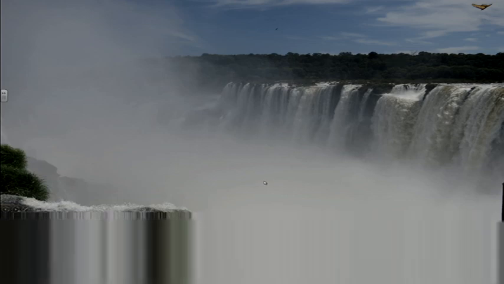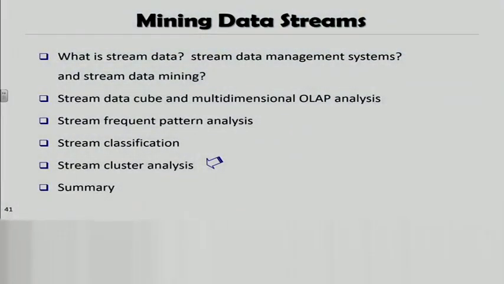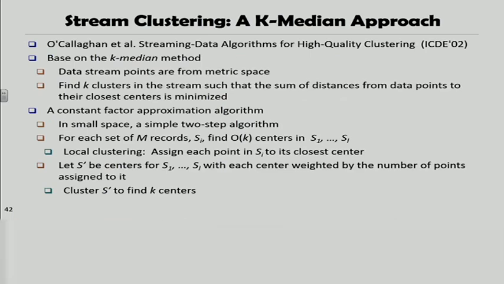Okay, so now I come down to the very last one for stream data, which is clustering. Stream cluster analysis. I will mainly introduce our algorithm, which was done with IBM Watson, by Charu Aggarwal, Philip Yu and their group.